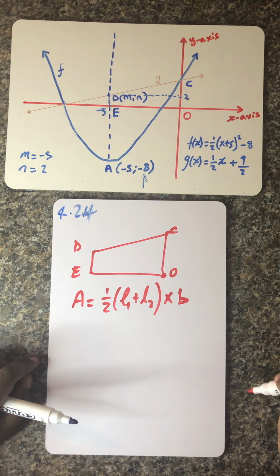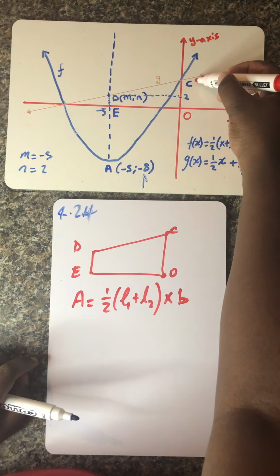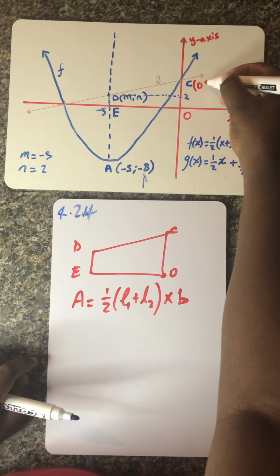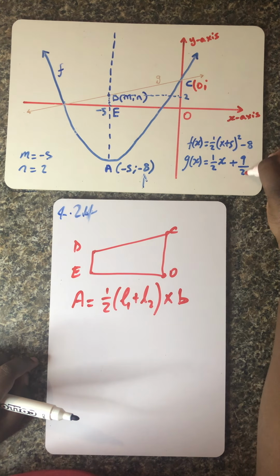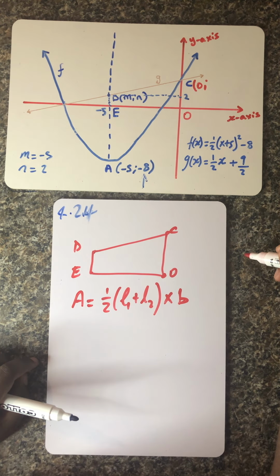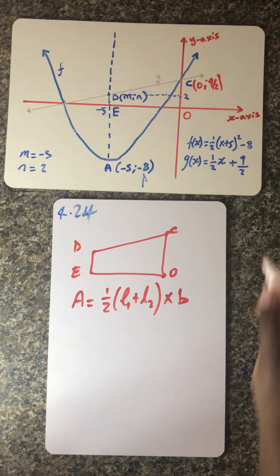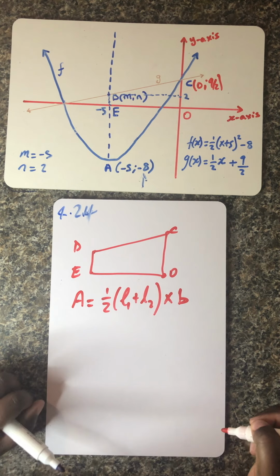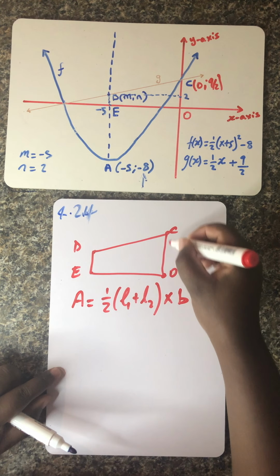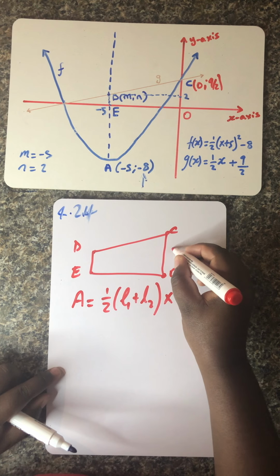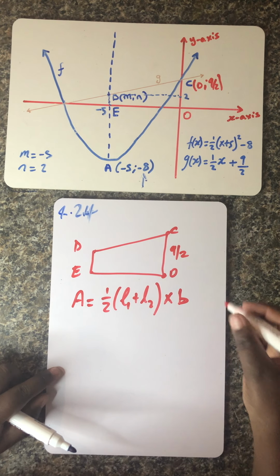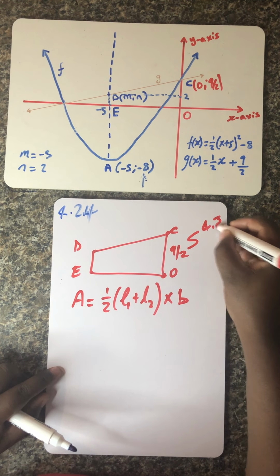But we can use the equation of g to know that at that point, x is 0 and y is 9 over 2 or 4.5. So let's just say 9 over 2 so that you are able to know where that 9 over 2 comes from. Okay, so it comes from that formula. So guys, that means from there to there it's 9 over 2, otherwise 4.5.